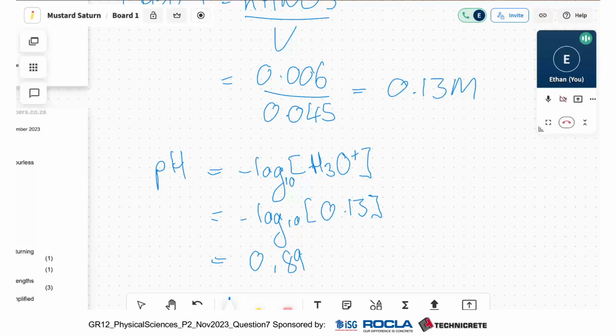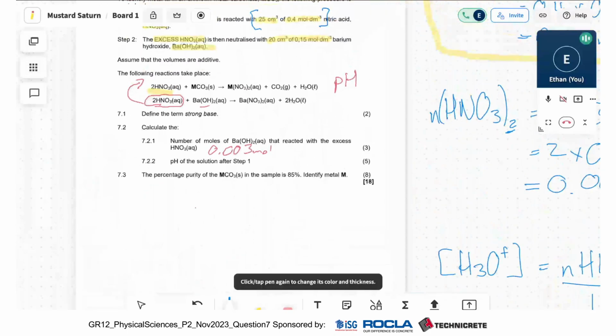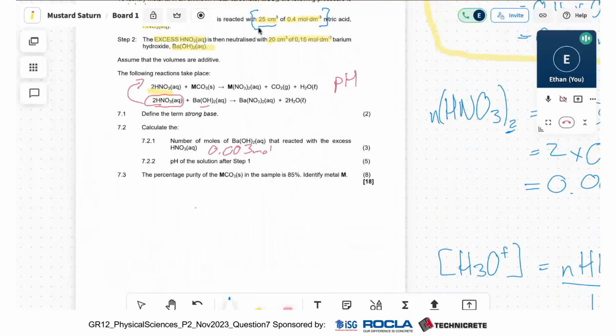There are a couple of different ways of calculating this. I think the most difficult part is definitely realizing that the volume is actually 0.045. You get that from realizing that we're going to add 25 milliliters of some liquid and then 20 again to get the 45.